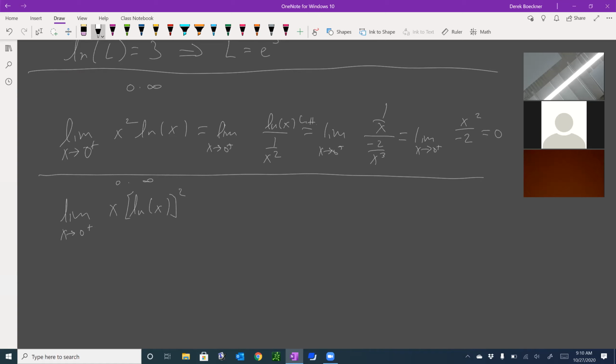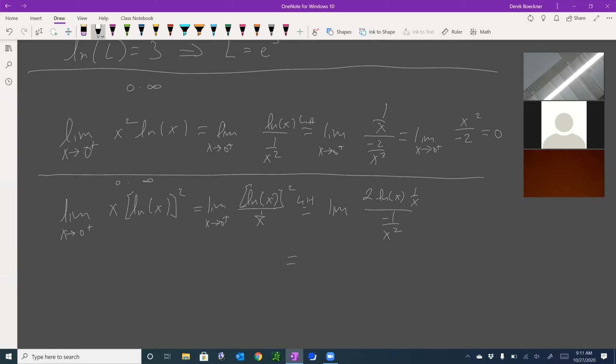So I'm going to rewrite this still as (ln of x) squared over 1 over x, as x goes to 0 plus. And then by L'Hopital's rule again, this time I get 2 ln of x times 1 over x, over minus 1 over x squared.